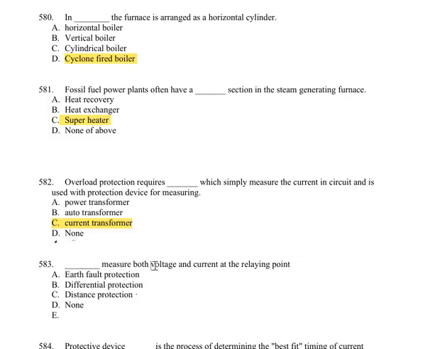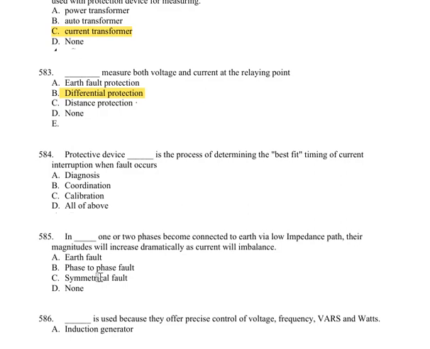Differential protection measures both voltage and current in a relay point. In protective devices, coordination is the process of determining the best fit timing of current injection and fault occurrence.